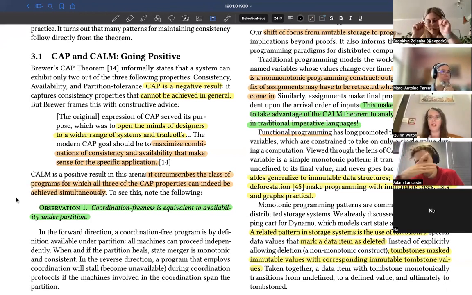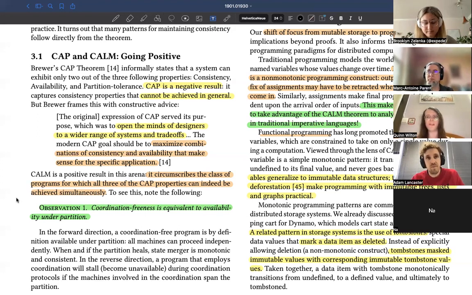Because with a distributed system, network partitions are inevitable and cannot be avoided, you are always going to have network partitions. So the consequence is that you're left choosing between consistency or availability as your other 2 options.